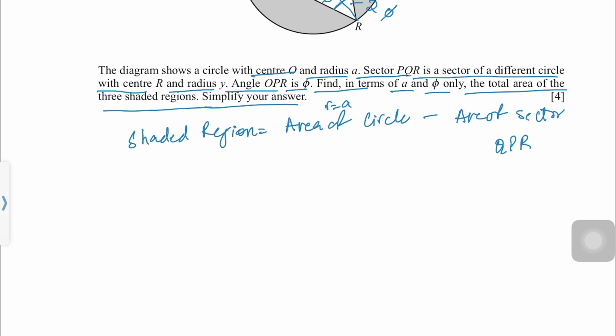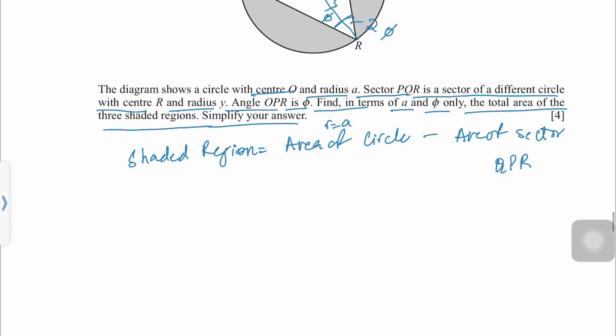But we have our area of sector in terms of radius y, so we need to change this y as well. We have this as our y, since PR is also the radius of the sector, we can write it as y.